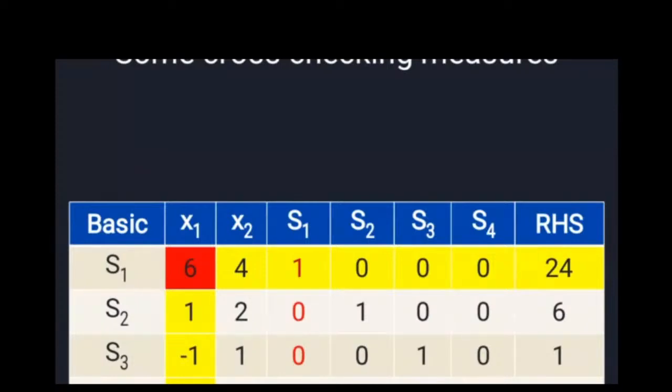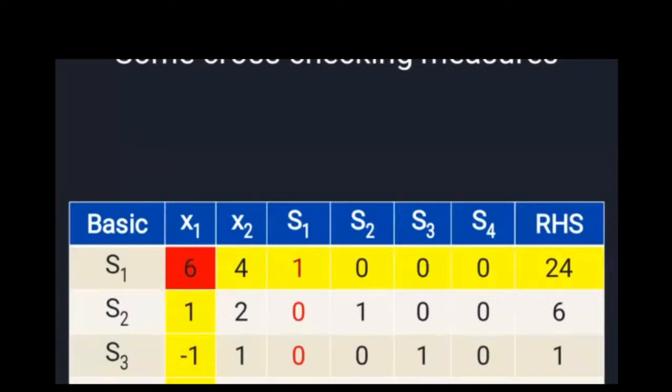So these two steps are very important for making the new table. We have to know our entering variable and leaving variable, because in the next table the leaving variable will be replaced by the entering variable. So now we have to do some other tasks.